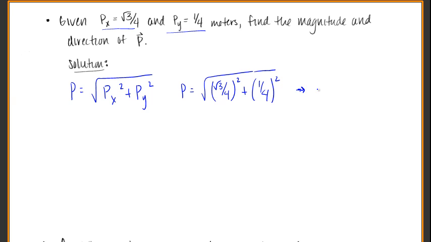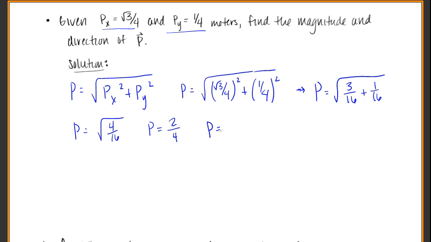Keeping on with this, r is equal to the square root of 3 over 16 plus 1/16. So r is equal to the square root of 4 over 16. The square root of 4 is 2, the square root of 16 is 4, so r is equal to 1/2. We got that one done, and the units here are going to be meters.